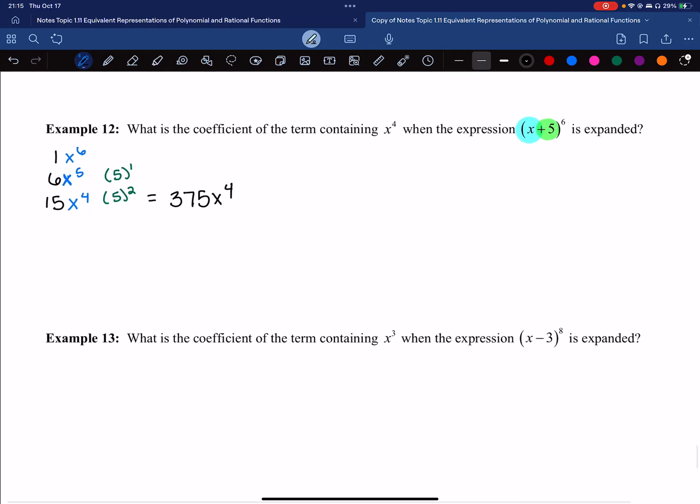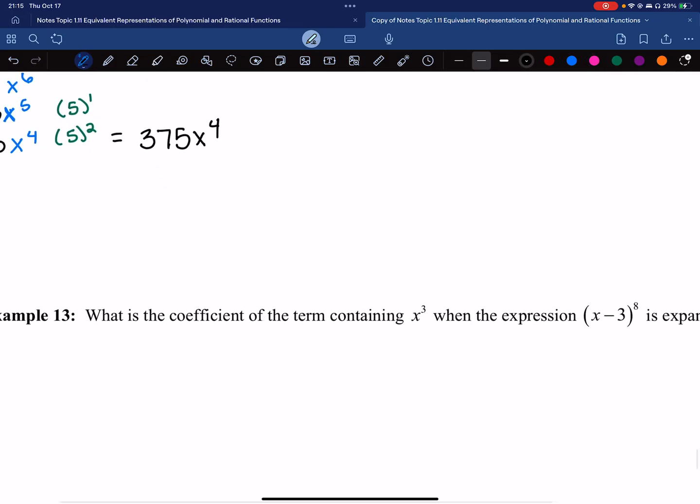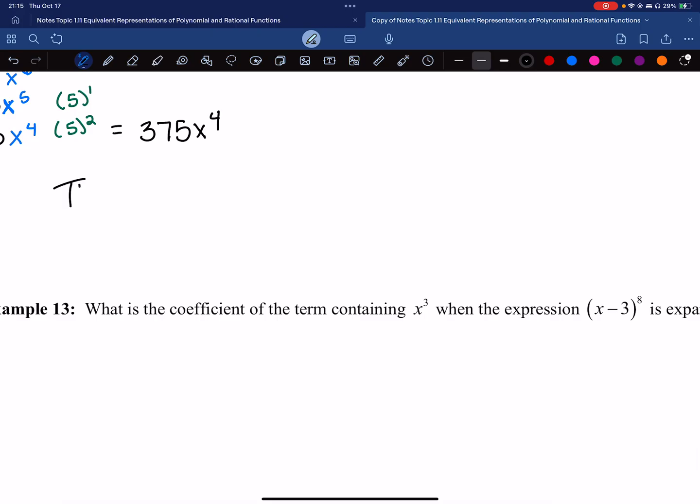Now, you have to know what it's asking for again. So it says, what is the coefficient? The coefficient is just the number. So the coefficient is 375.